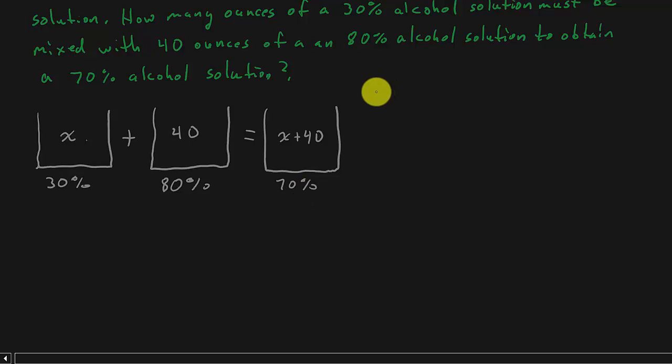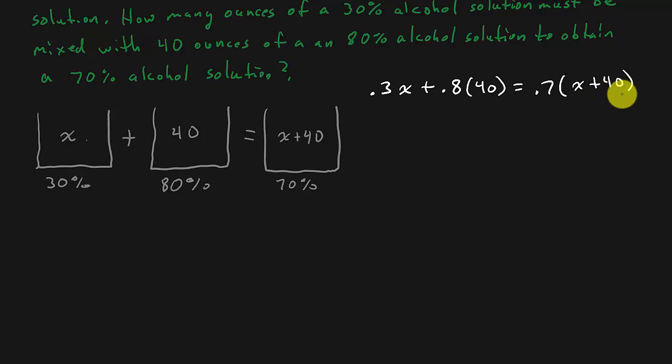So that's going to be 0.3 times the number of ounces plus 0.8 times the number of ounces equals 0.7 times the number of ounces. And that's your equation. Now let's solve.